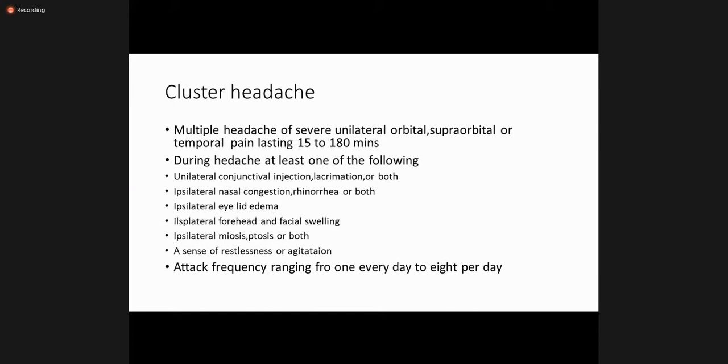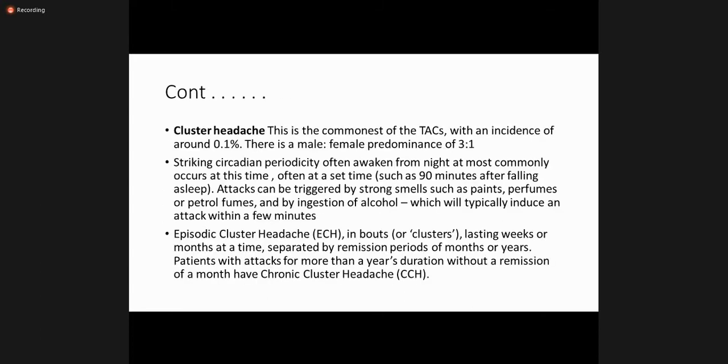The frequency of attacks may vary. It may be from 1 every day to 8 per day, depending upon the intensity or severity of the cluster headaches. As I already told you, it is the commonest type of trigeminal autonomic cephalgia, with an incidence of about 0.1%, and is predominantly seen in males compared to females, with a 3:1 ratio.